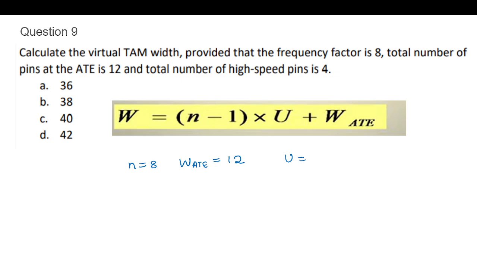How many high speed pins? 4 pins. Now substitute it in the formula: n minus 1, which is 8 minus 1, times W_HS, 4, plus 12, which is 7 into 4 plus 12. So 40 channels.